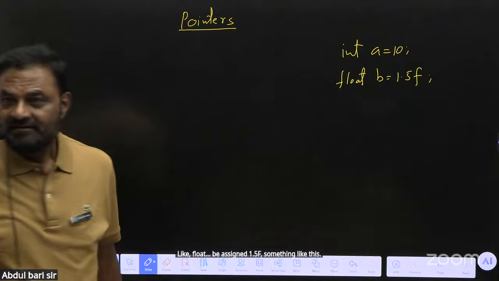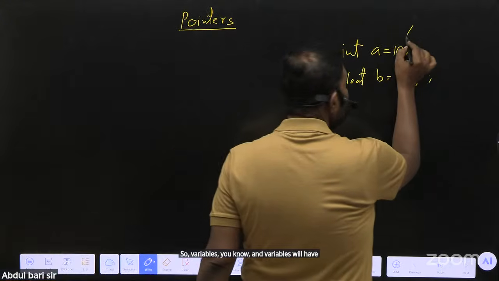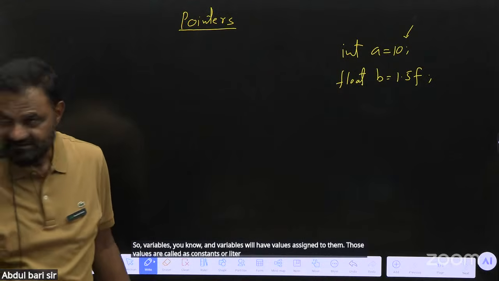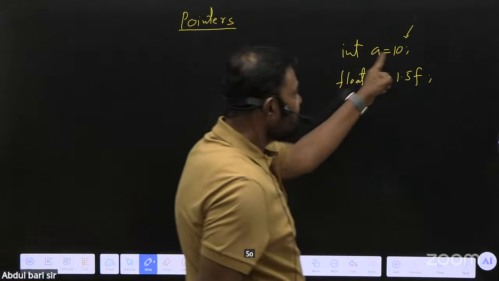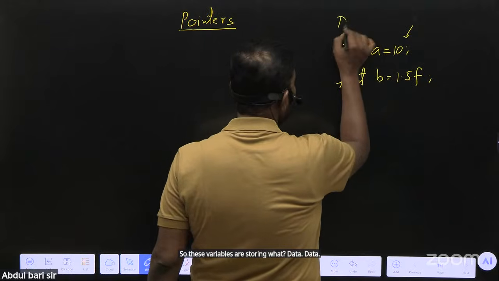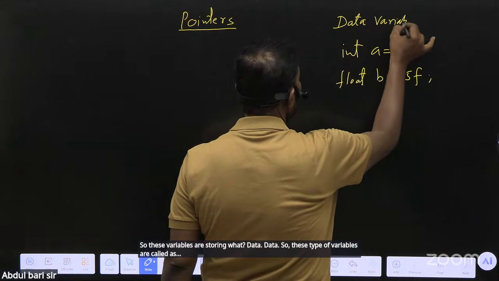So these are variables, and variables will have values assigned to them. Those values are called constants or literals. You know this. So these variables are storing what? Data. So these types of variables are called data variables.